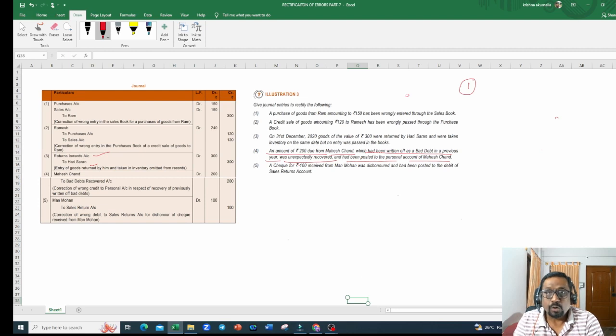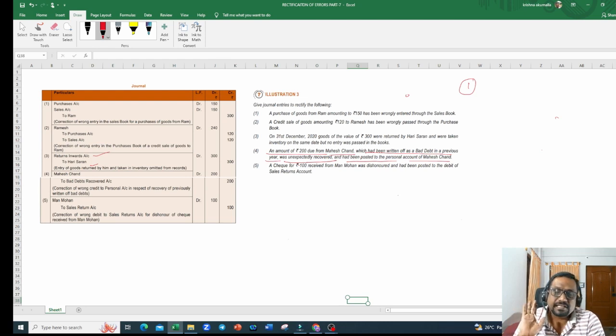So when we say Mahesh is supposed to pay that amount, that means he is a debtor in our books. Mahesh account will be showing as a debtor in our books. That means it is an asset. So Mahesh account must be showing a debit balance previously, and we decided that he is not going to pay this amount. Hence, we decided to write off his amount.